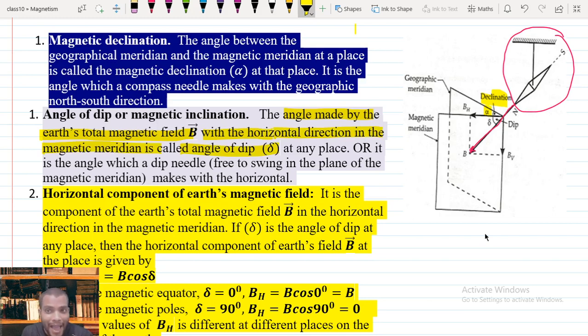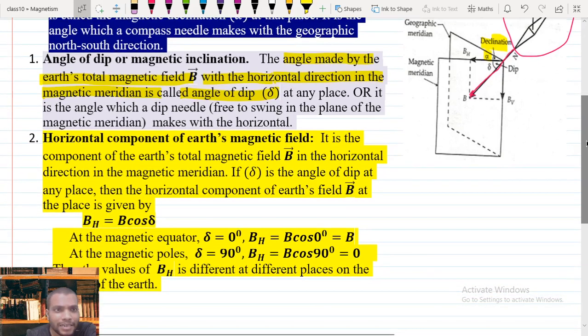While taking the dip angle, please take care about how we take the angle. The dip angle is the angle of the total magnetic field with respect to the horizontal magnetic meridian. The dip angle is represented here by delta. The third element is the horizontal component of the Earth's magnetic field, the component of the Earth's magnetic field in the horizontal direction of the magnetic meridian.